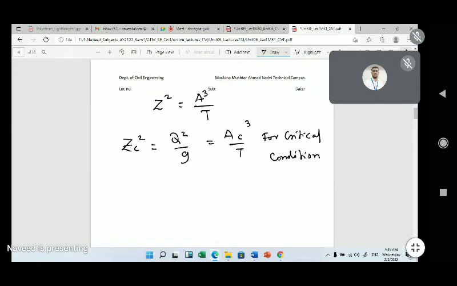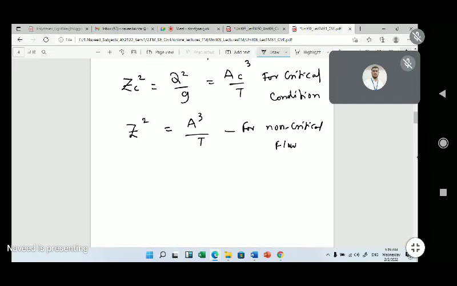And if not critical flow, then Z square is equal to A cube upon T, for non-critical condition.